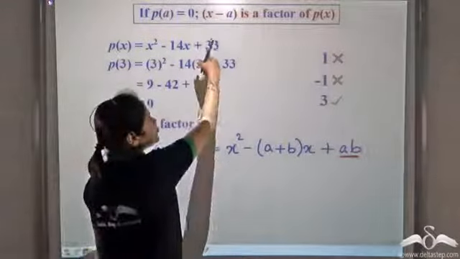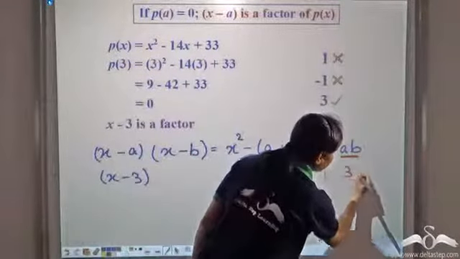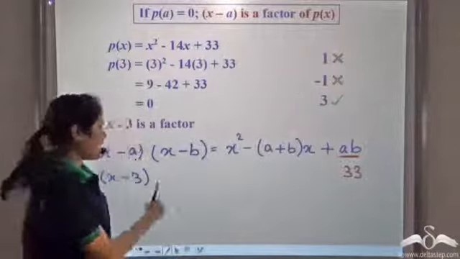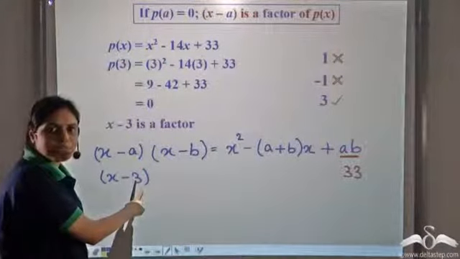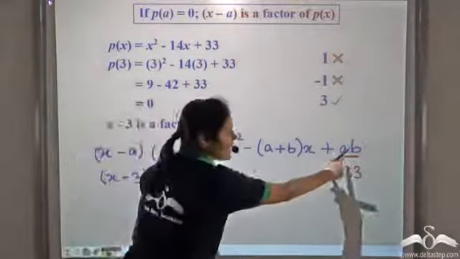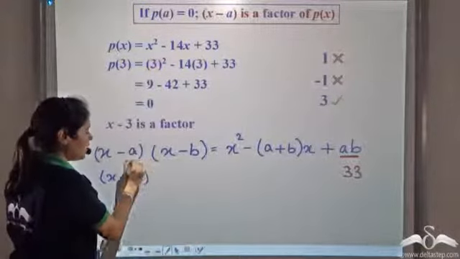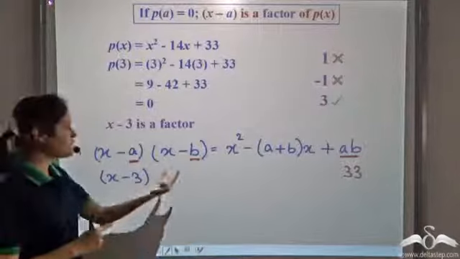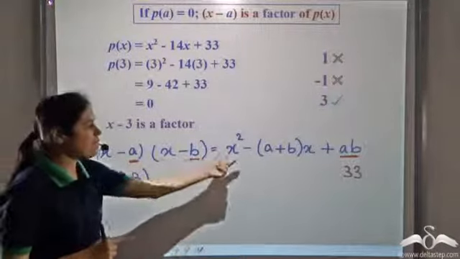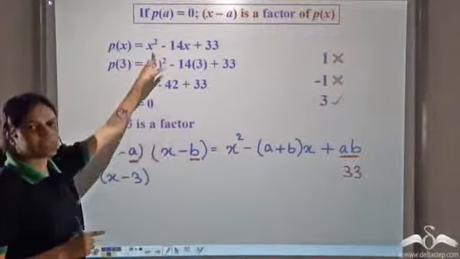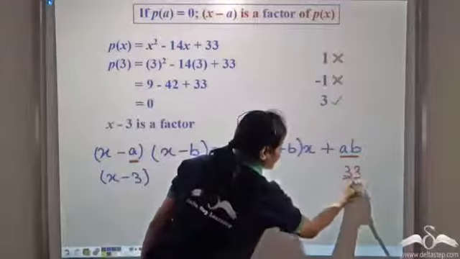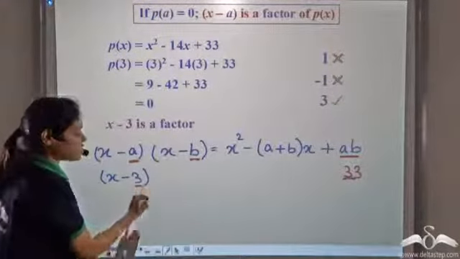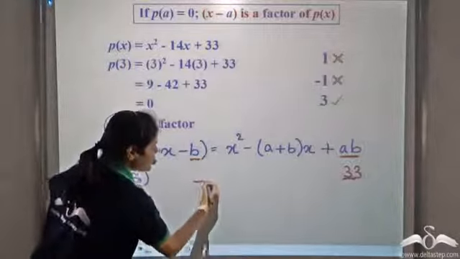So, the last term here is 33. A here is 3. Now, if I divide ab by a, I get b. ab divided by a gives me b. So, if we compare this to this, 33 divided by 3 should give me this value.